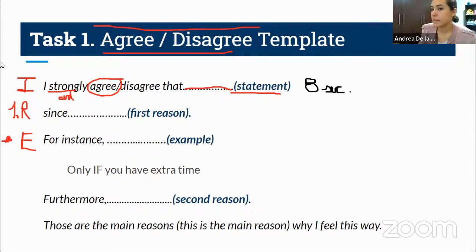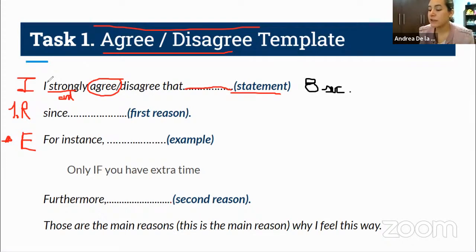Okay. Then we have the reason. To introduce your reason, a common mistake I have heard a lot of students make is using a transition word here and saying, first of all, first. Don't do that, please, because it will create a bigger separation that you don't need.